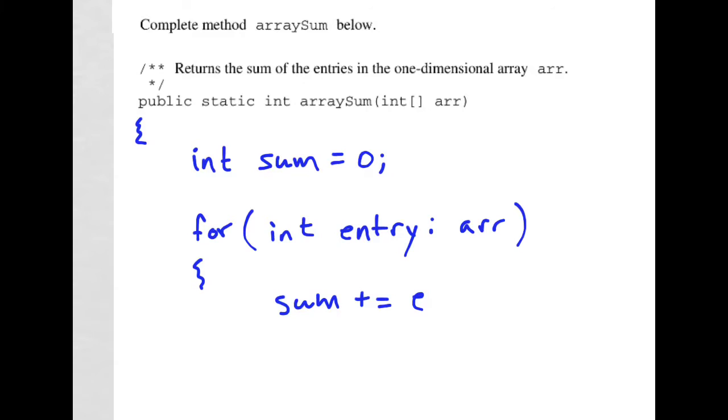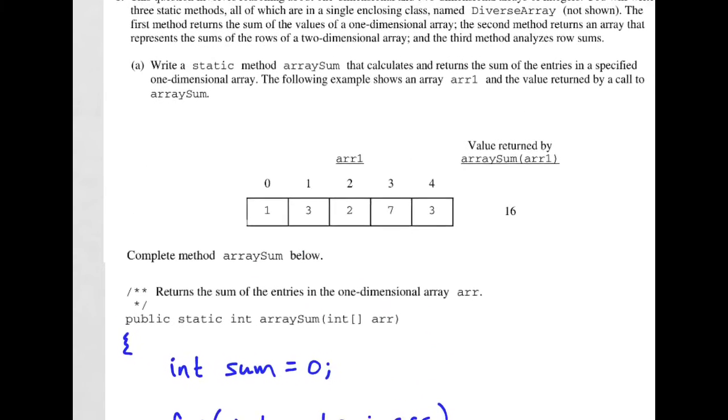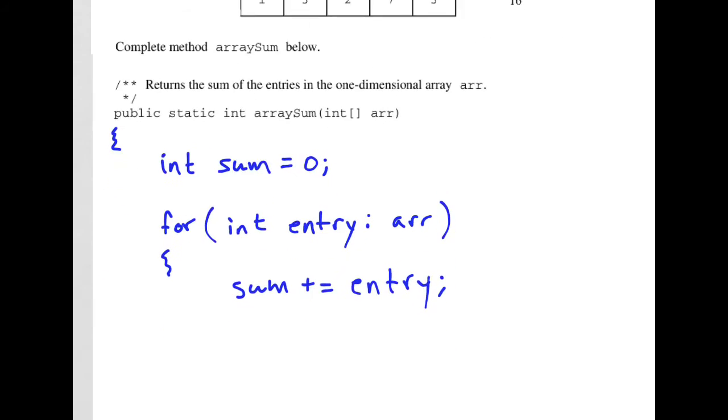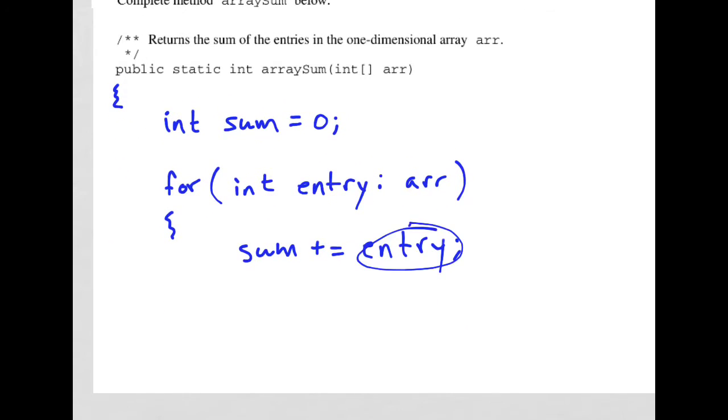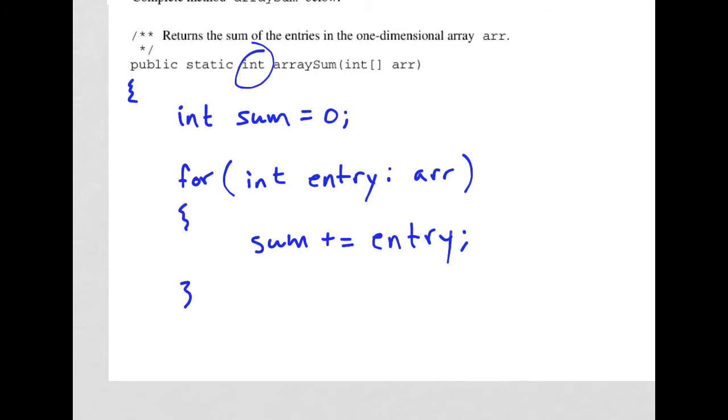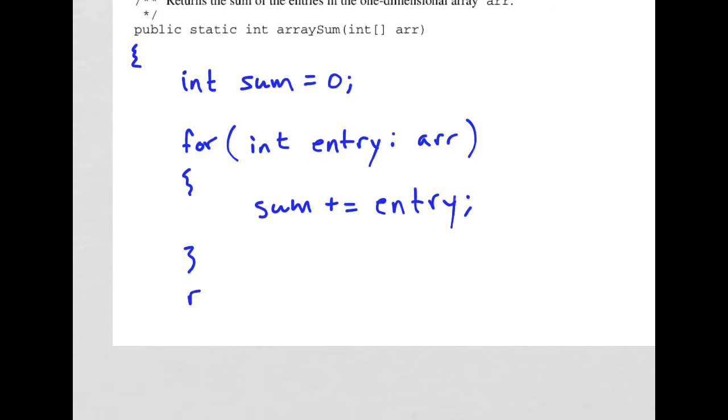I want to get to the entry because I know from beforehand the entries are going to be numbers. So I'll just access each entry and add it to my sum. And then I'll close that. Now I'm returning an integer, and that integer is sum. So I'll say return sum.